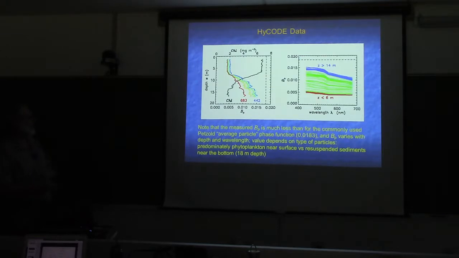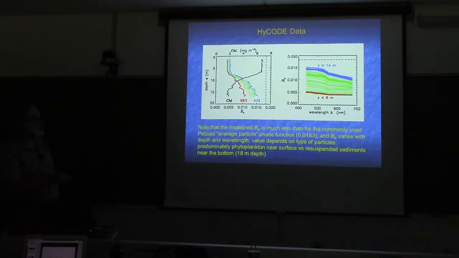Okay, here's another plot of this. Here's the backscatter fraction at 442 up through 683, and then the chlorophyll. And you can see at the surface where it's high chlorophyll, so a lot of phytoplankton, which tend to have a low backscatter fraction, the backscatter fraction is around 0.5%.